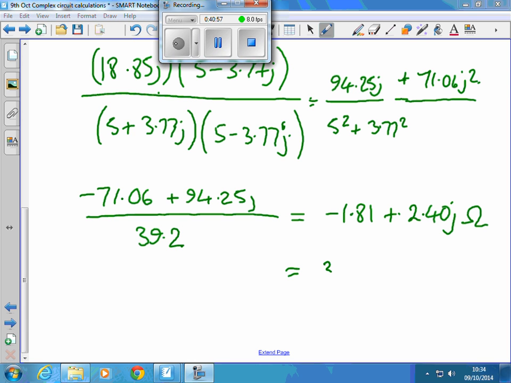Three. Angle 127 degrees. Does that look right? Negative real part, positive imaginary part. What quadrant's that in?